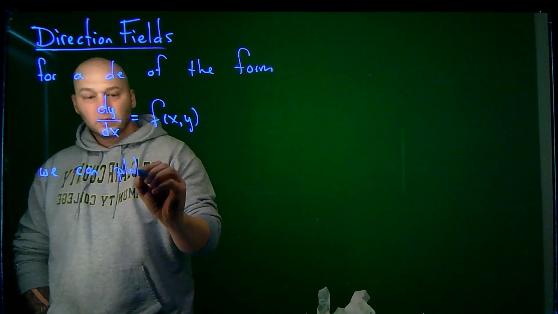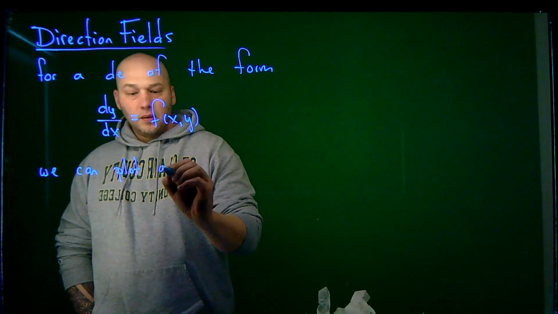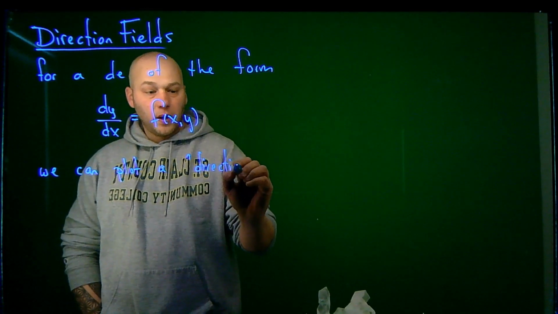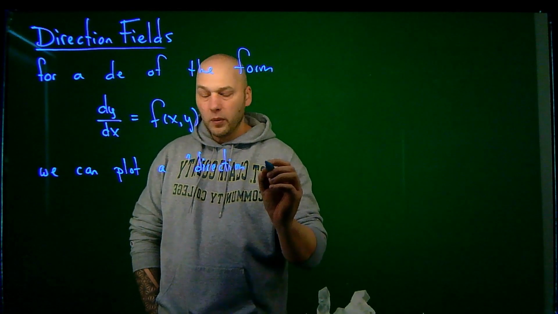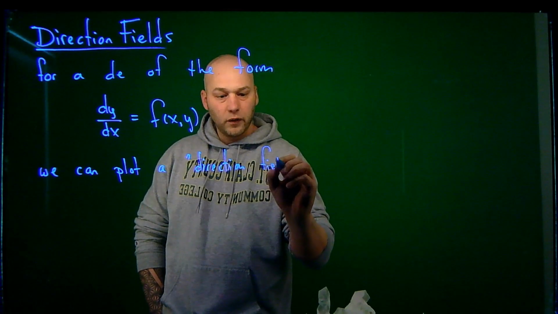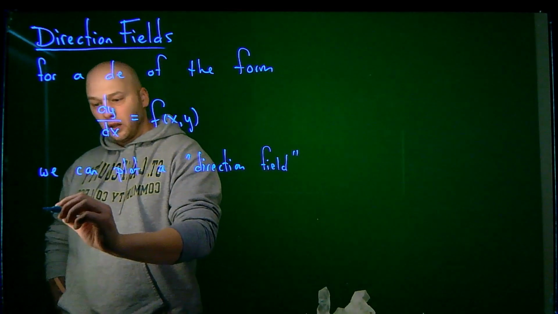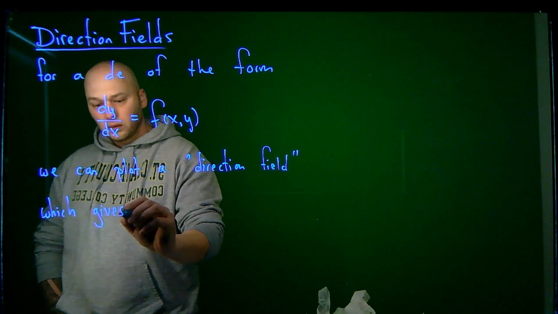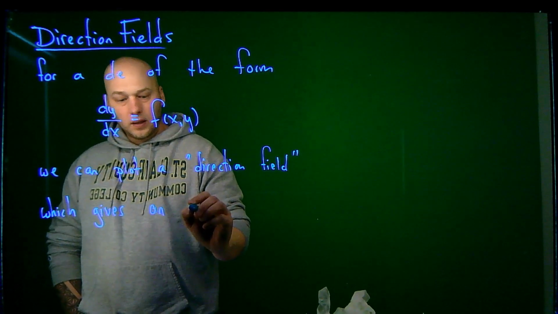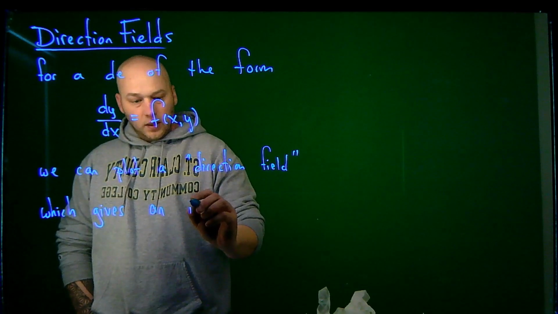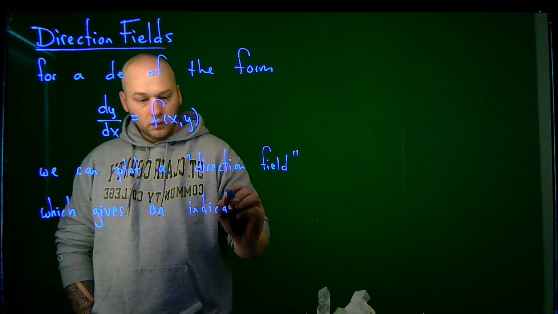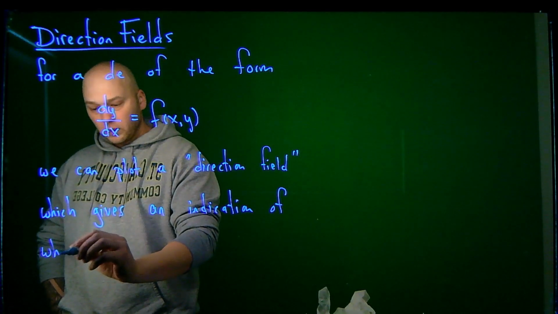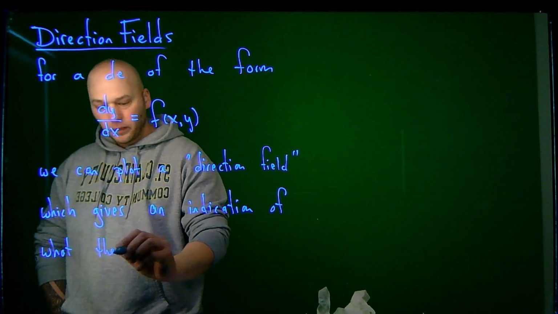plot, again, I haven't given you information on what this is yet, but we can plot what's called a direction field, which gives an indication of what the solutions look like.